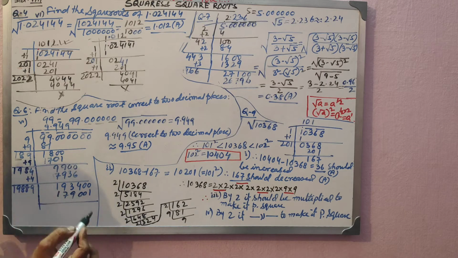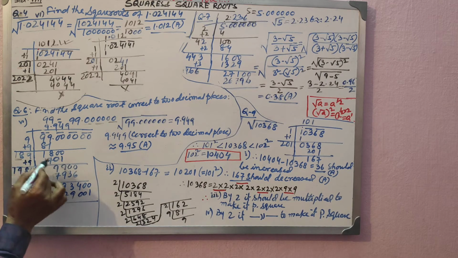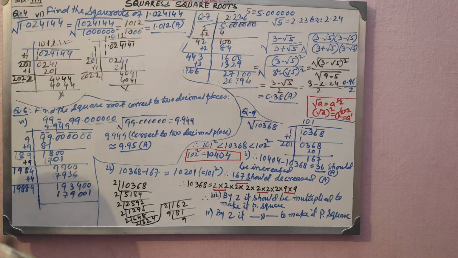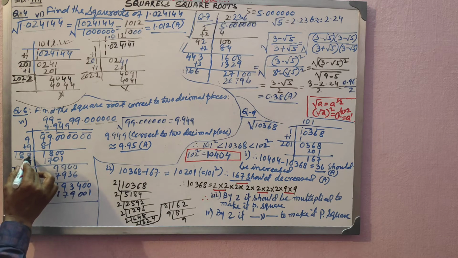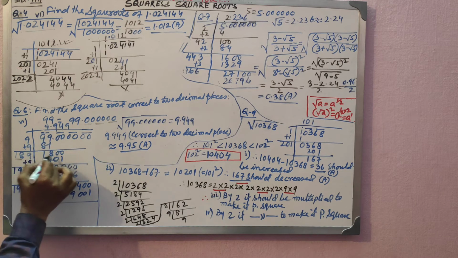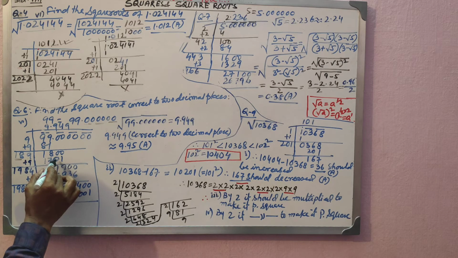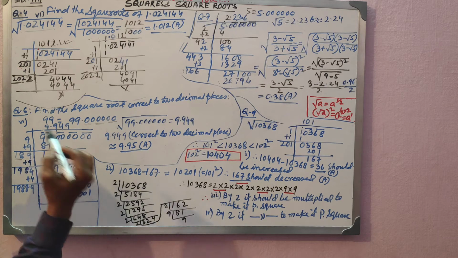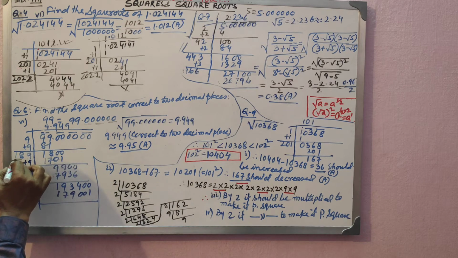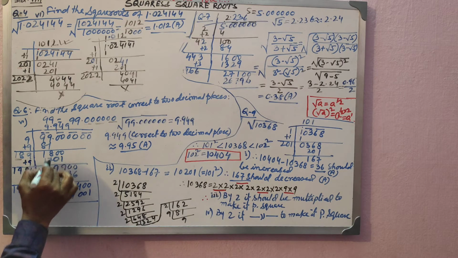So 9 only, because 9 ones are 9 and here it is 18, so 9 can go. 9 nines are 81, 9 eights are 72, plus 8 is 80, 8 carry over, 9 ones are 9 plus 8, 17. So 1701 came.